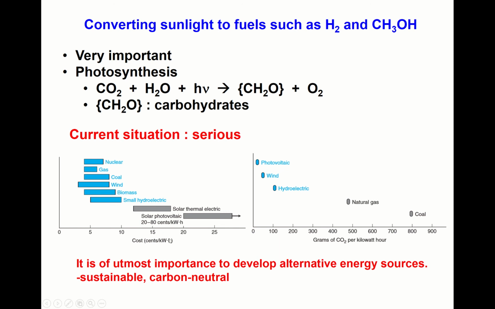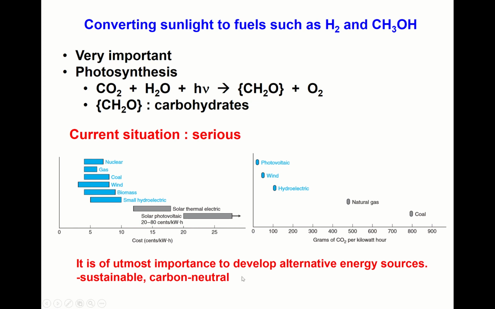For example, the fossil fuels like gas, coal, and oil, when burned, produce CO2. So in the air, the net CO2 concentration keeps increasing. That's not carbon neutral. Carbon neutral means the in and out carbon amount is zero. In this sense, biomass satisfies the carbon neutral condition.